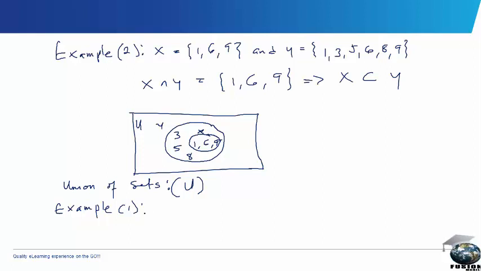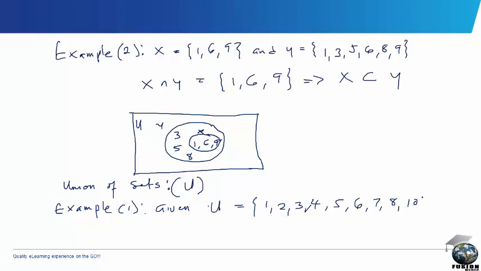given the sets of values such that the universal set U is equal to {1, 2, 3, 4, 5, 6, 7, 8, 9 and 10}, and then I close my set.